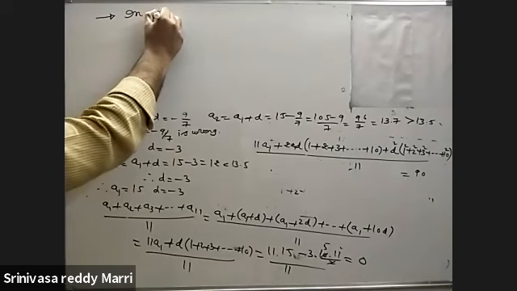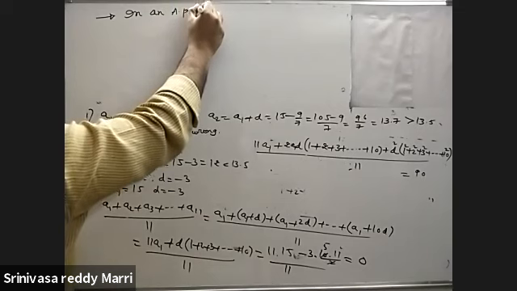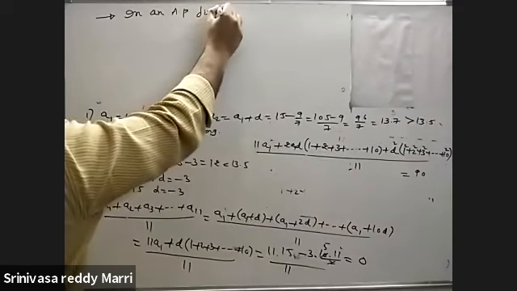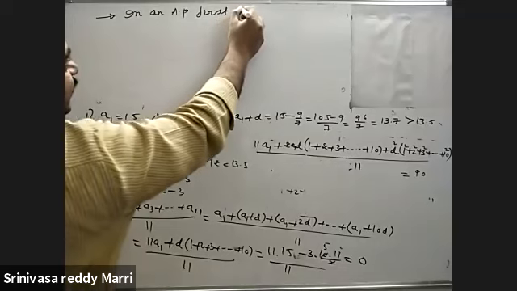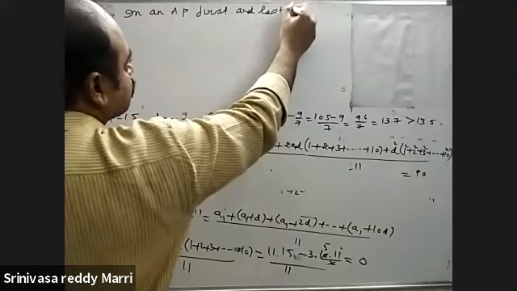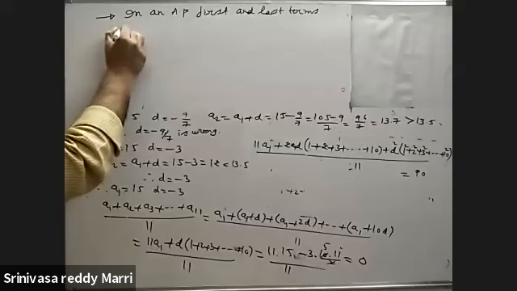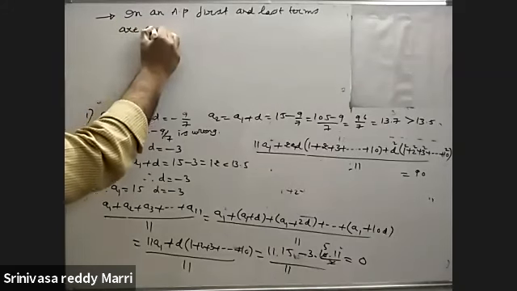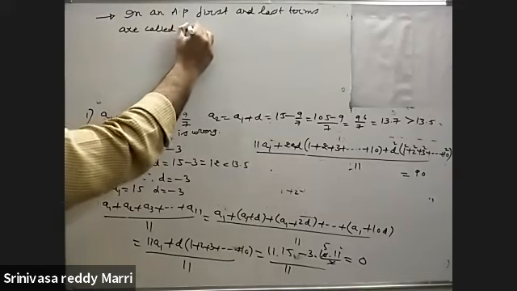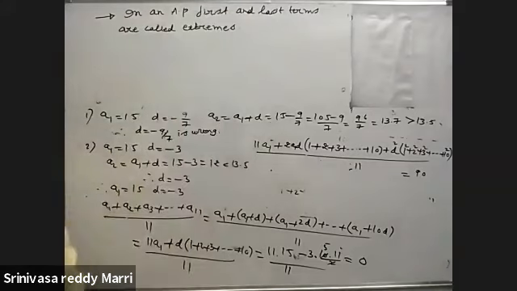In an AP, the first and last terms are called extremes. The first term in an AP and the last term in an AP are called extremes.